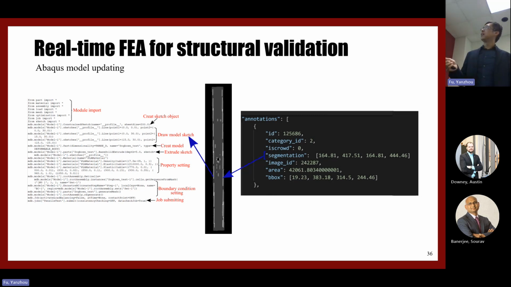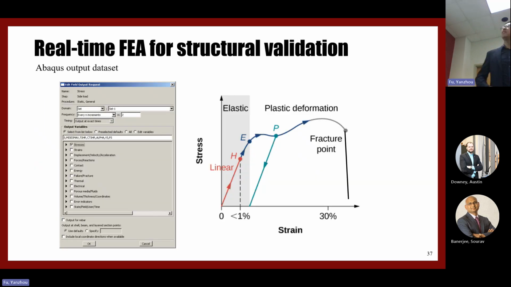So you can see we will use this polygon point to update the model sketch, and then some of the information is used to update the material properties. So in the output, we will traverse all the output frames to find out the maximum stress before the fracture happens.